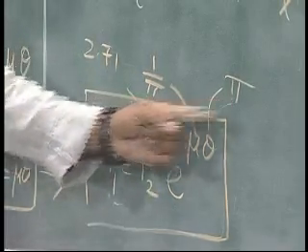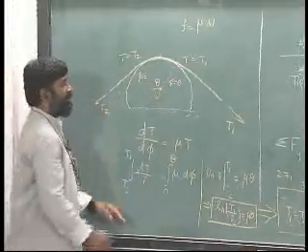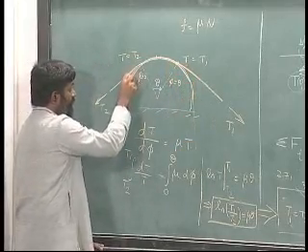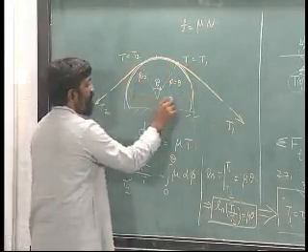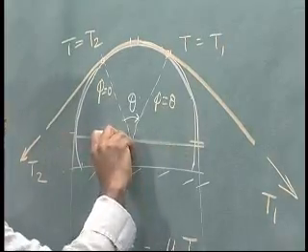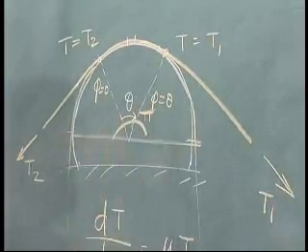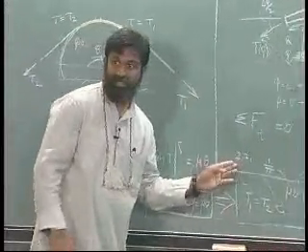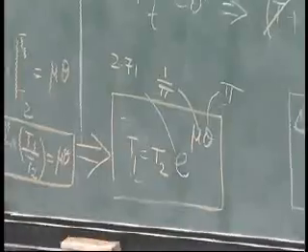What does pi mean? In this particular diagram, if it goes like this and like this, so that there is an angle of pi over here, the ratio of T1 to T2 will be as much as 2.7 times.